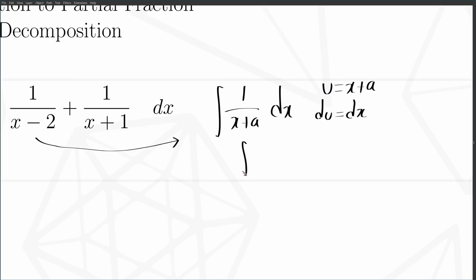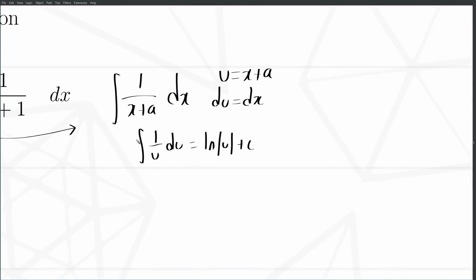We're going to have 1 over u du, which you should recognize as ln u plus c. And once we substitute back in, we're going to have that integrals of this form are equal to ln of x plus a plus c.